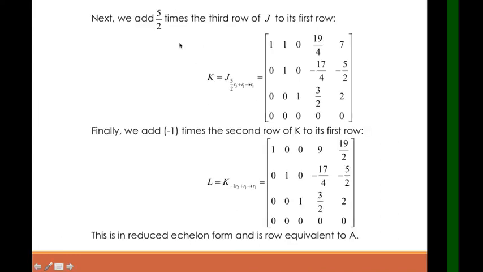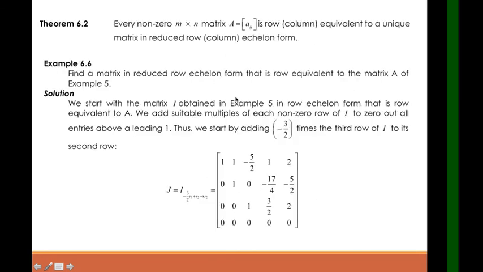Next, we add 5 over 2 times the third row of J to the first row. So, let me write it here so we can process it. So, for letter J, you multiply 5 over 2 by row 3, then add it to row 1. 5 over 2 times 0 is 0 plus 1 is 1. 5 over 2 times 1 is 5 over 2 plus negative 5 over 2 is 0. 5 over 2 times 3 over 2 is 15 over 4 plus 1.